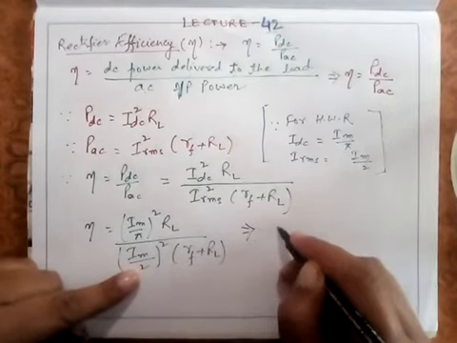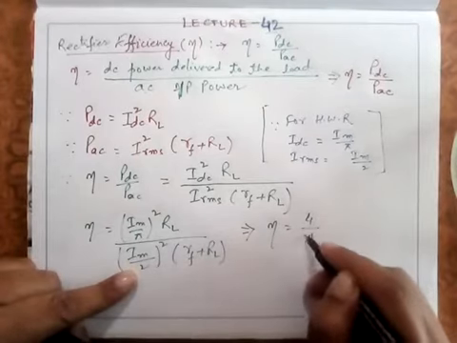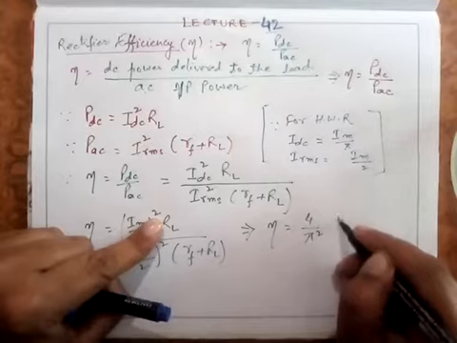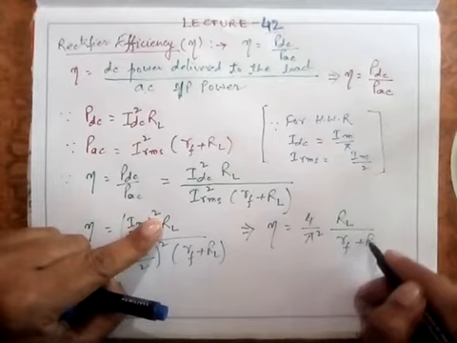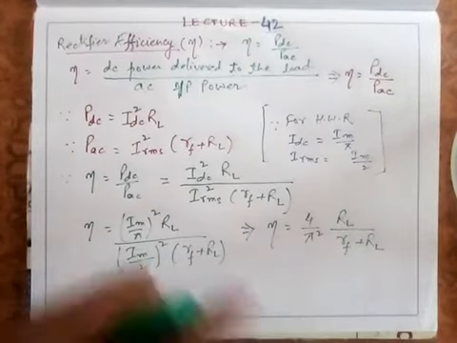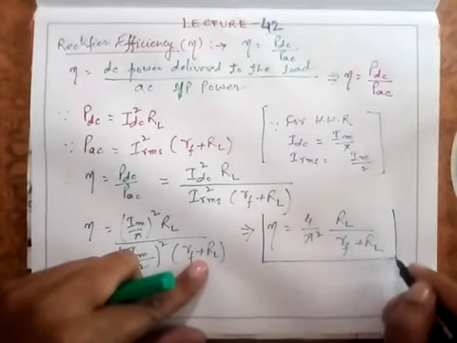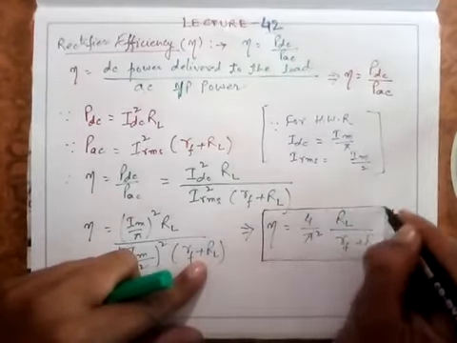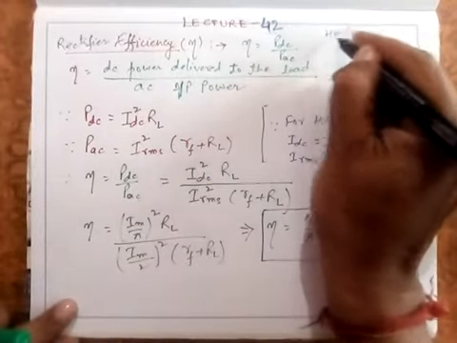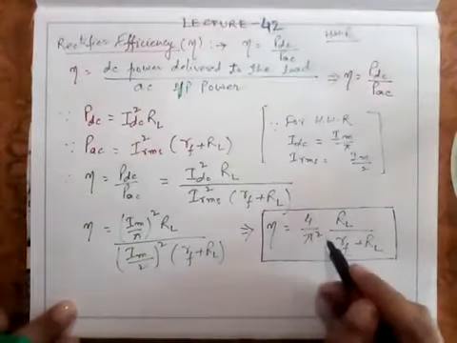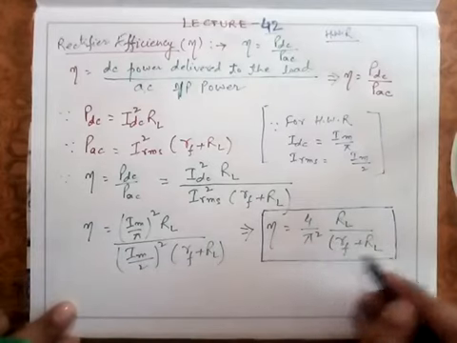This implies that eta will be equal to 4 upon pi square into RL upon RF plus RL. I hope this is clear to you. This is the value of efficiency. We'll use this as a formula for a half wave rectifier: the efficiency of a half wave rectifier is 4 upon pi square into RL upon RF plus RL.